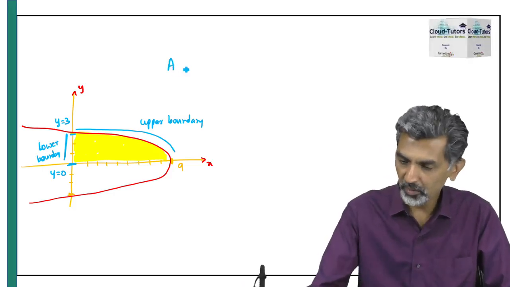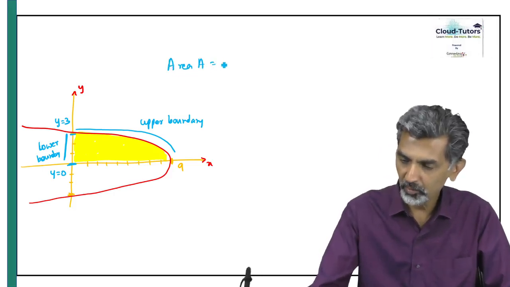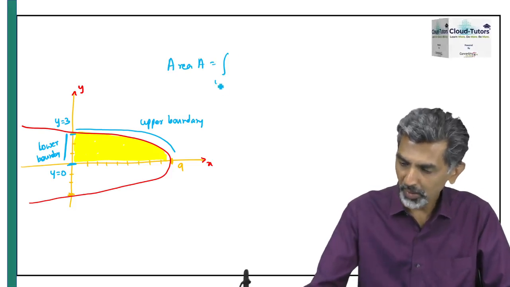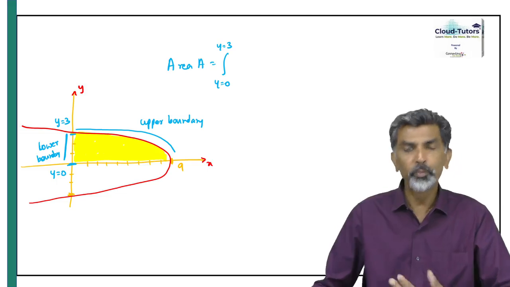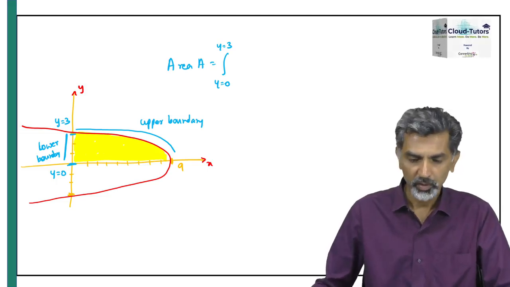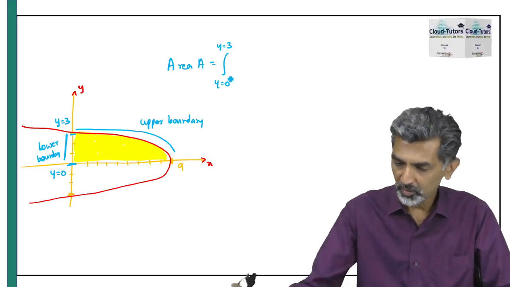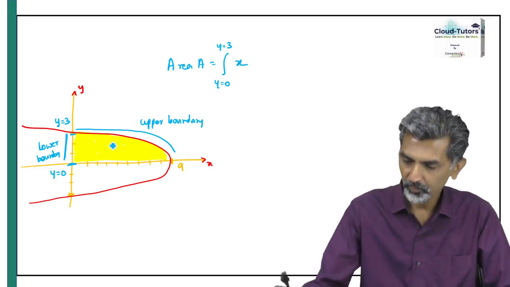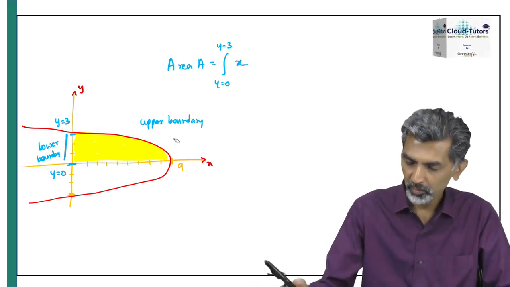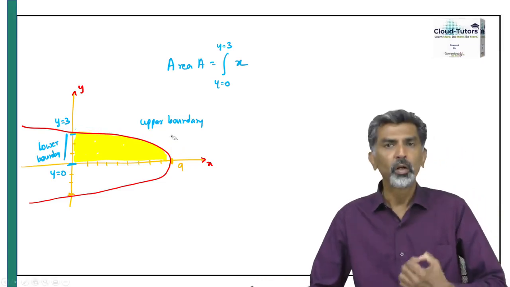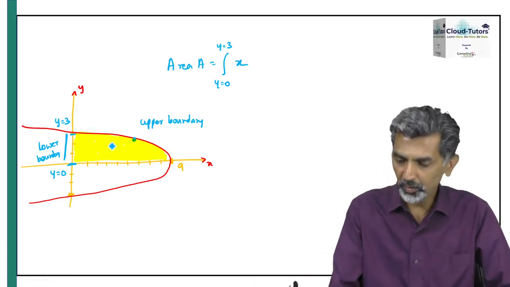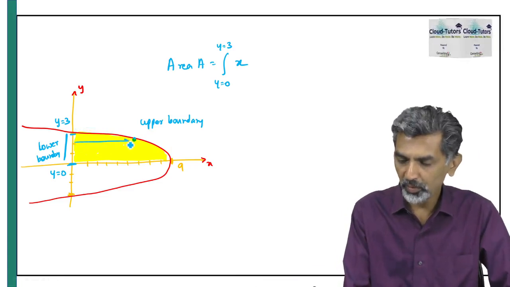So the area A is equal to the integral of y going from 0 to y is equal to 3. The upper boundary here is just x, because this is the upper boundary, and at any point on the upper boundary, if I take this, what is the length there?